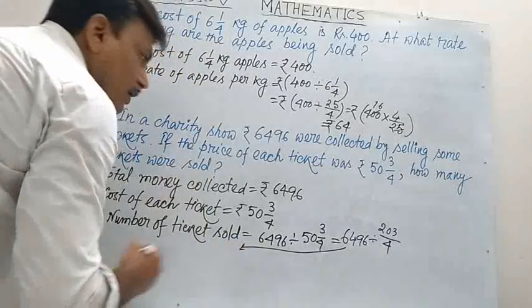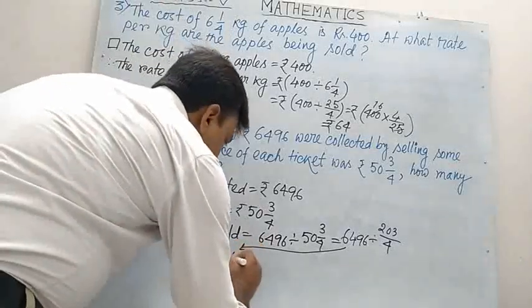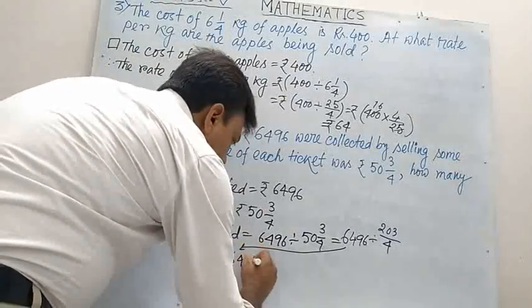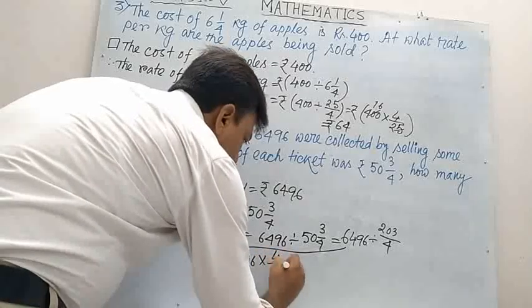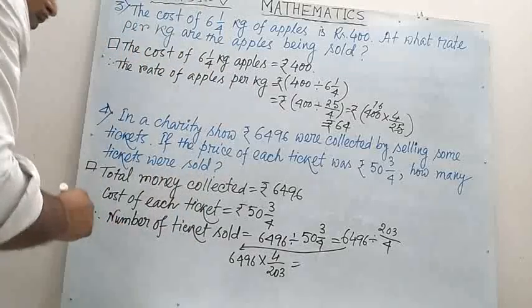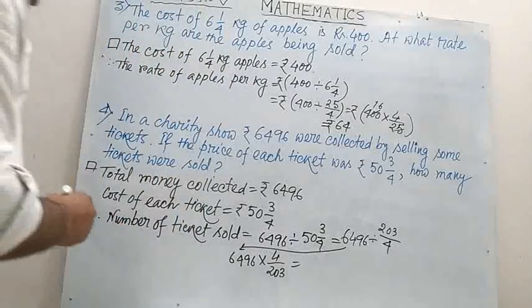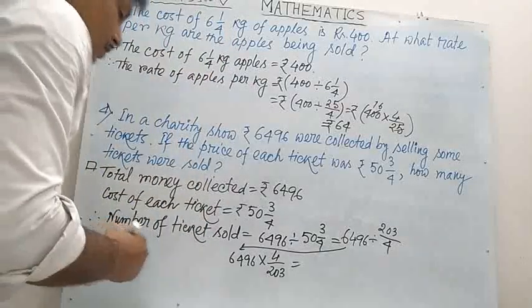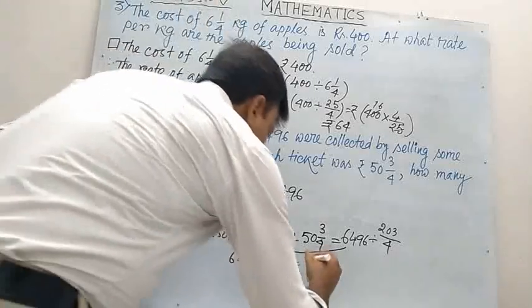So you will get 6496 multiplied by 4 by 203. That is, you will get 25984.